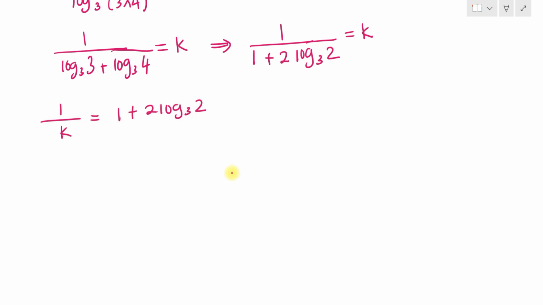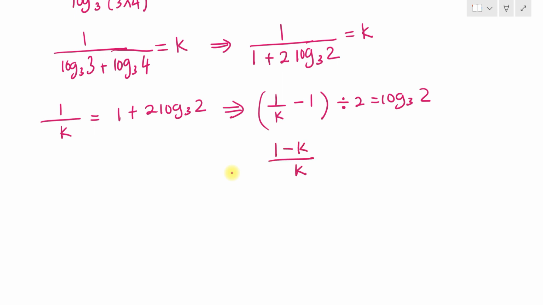Make log 3 2 as your subject. 1 over k minus 1, and then the whole thing divide 2, I get log 3 2. So 1 over k minus 1 is 1 minus k over k, and then divide 2 means times 1 over 2 equal to log 3 2.